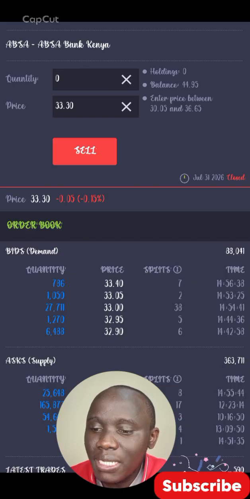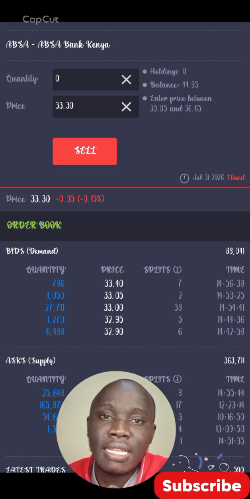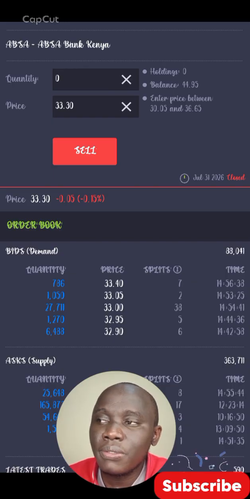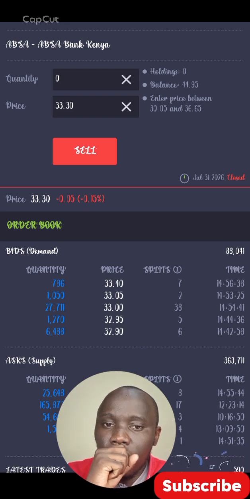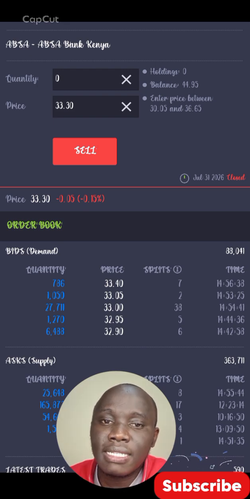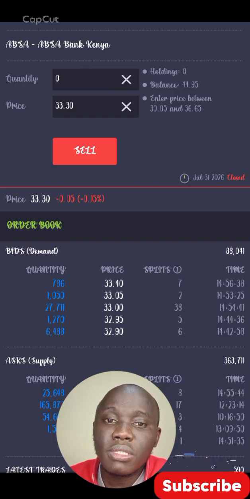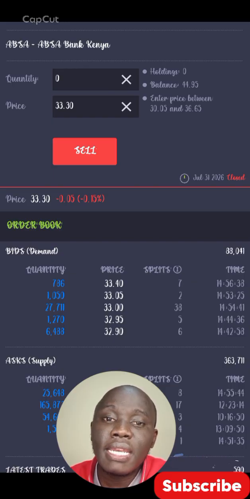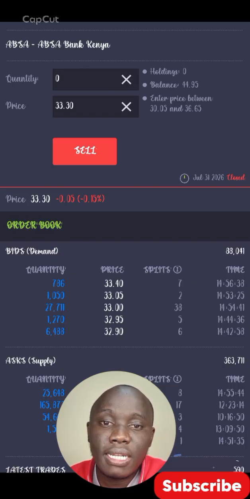Now, when you are selling your shares, is it guaranteed that you'll be able to sell your shares? Unfortunately, no. We have said that for you to make a sale, there must be a willing buyer. Maybe at that particular time you want to sell the shares, there won't be a willing buyer in the Nairobi Securities Exchange at that price, and that is how you end up not being able to sell your shares.